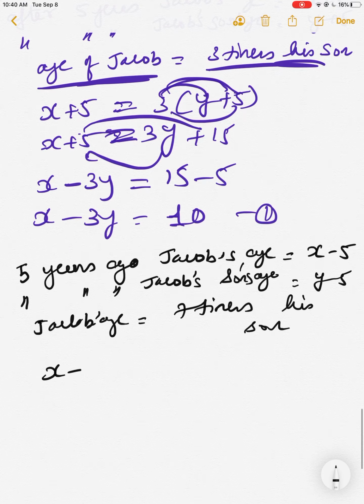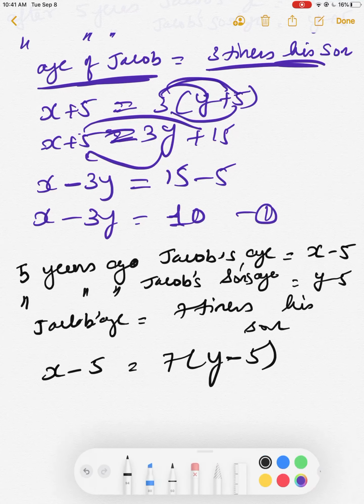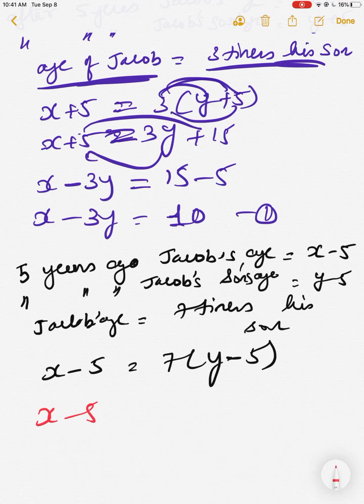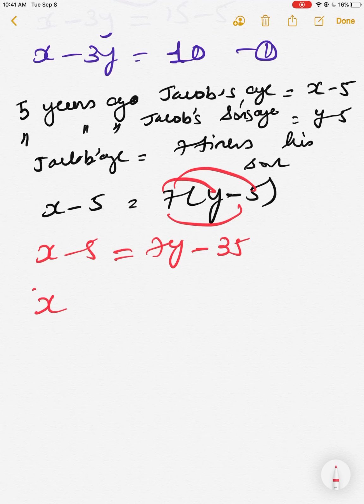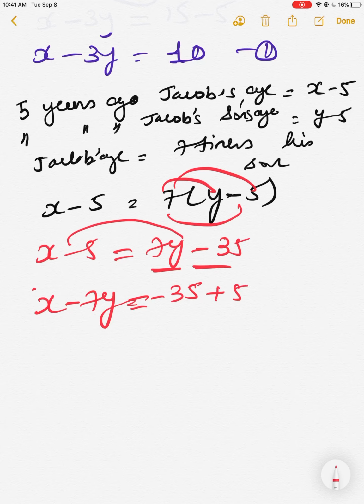So x minus 5 is equal to 7 into y minus 5. Now again we have to multiply here. x minus 5 is equal to 7 into y, 7y, 7 into 5, 35, with minus sign. Bring x and y to one side. Plus 7y going to this side becomes minus 7y. Minus 35 already there, whatever is after the equal sign we keep as it is, we don't change it. Then minus 5 going there, so don't write minus 5 minus 35 first, because whatever comes after equal to we write first. x minus 7y is equal to minus 30, equation 2.